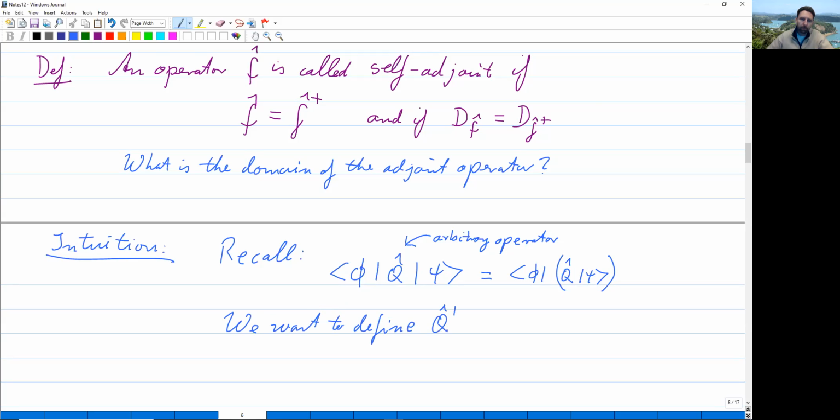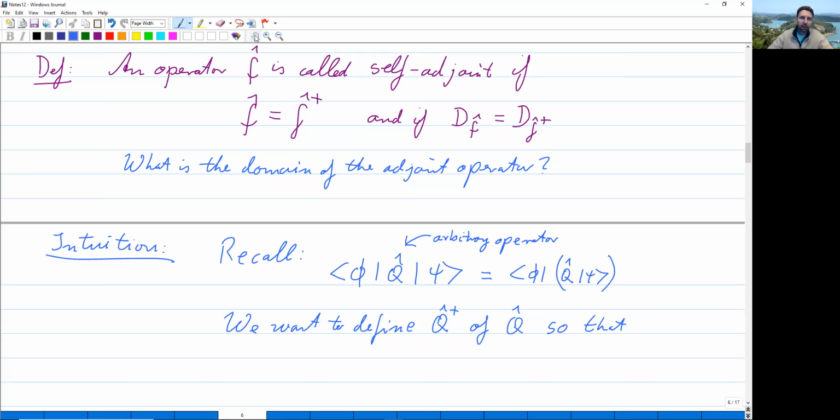Now, we want to define the adjoint operator for our operator q hat, so that intuitively, instead of having q hat act to the right, we should be able to have q hat dagger act to the left on the phi, and the scalar product should still be the same, right?